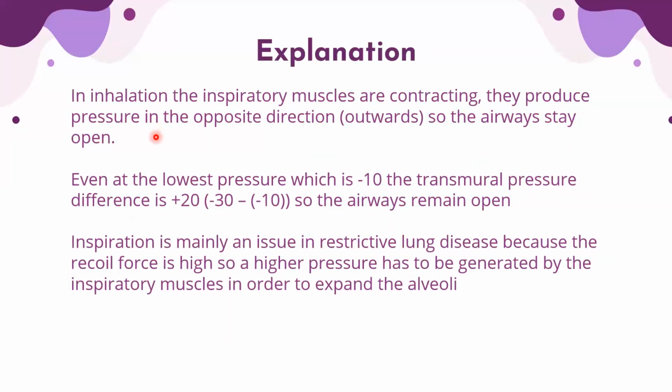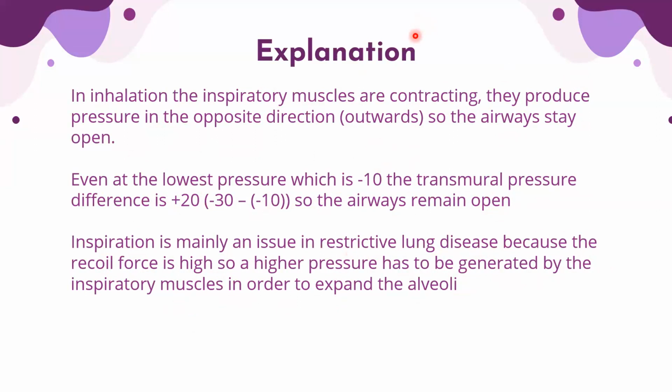So we can go over the explanation that I wrote here as well. In inhalation, the inspiratory muscles are contracting. They produce pressure in the opposite direction, outward, so the airways stay open. Even at the lowest pressure, which is -10, the transmural pressure difference is +20, so the airways remain open. Inspiration is mainly an issue in restrictive lung disease because the recoil force is high, so a higher pressure has to be generated by the inspiratory muscles in order to expand the alveoli.